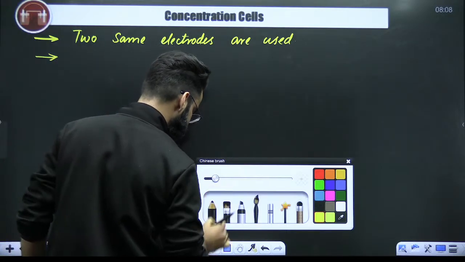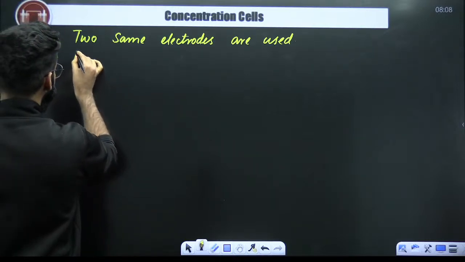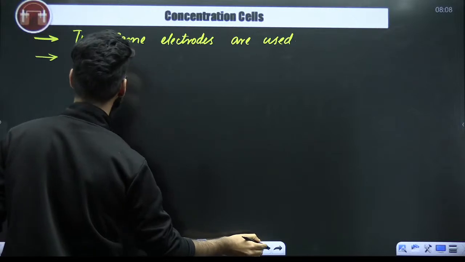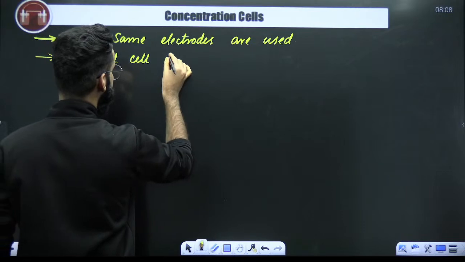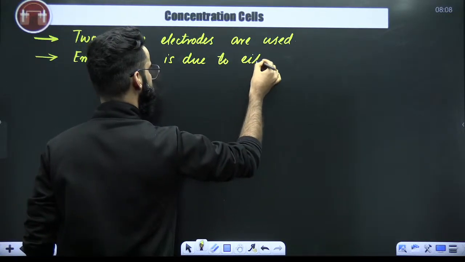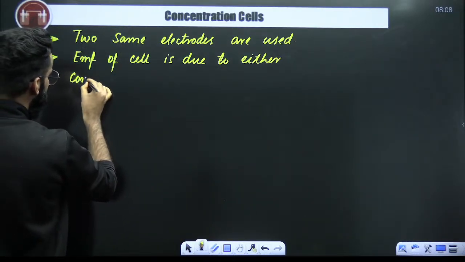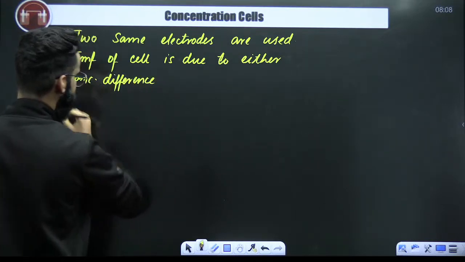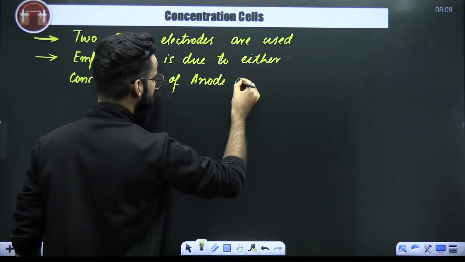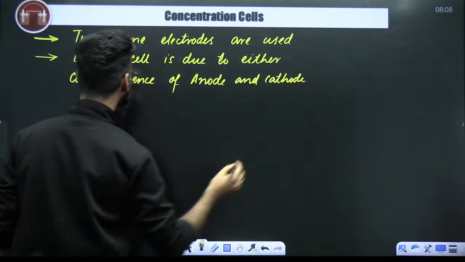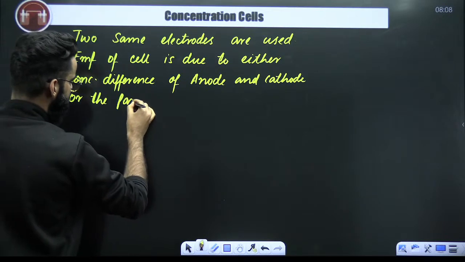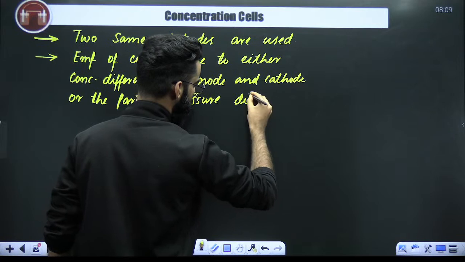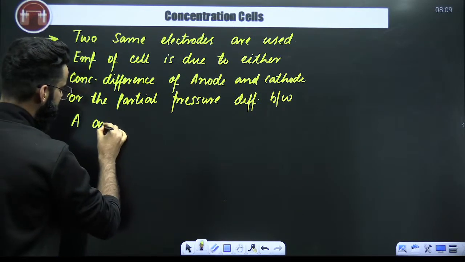Number two, EMF of the cell is due to either the concentration difference of anode and cathode, or the partial pressure difference between the anode and cathode.